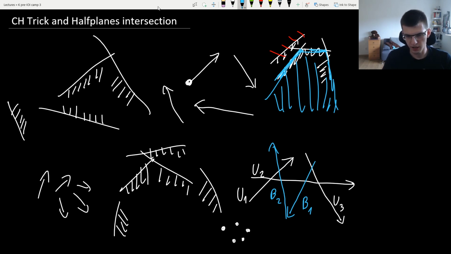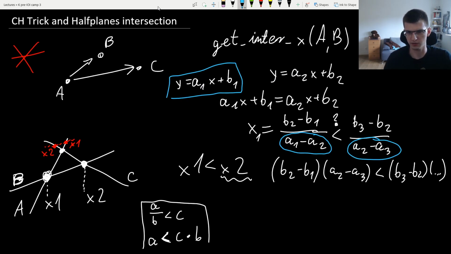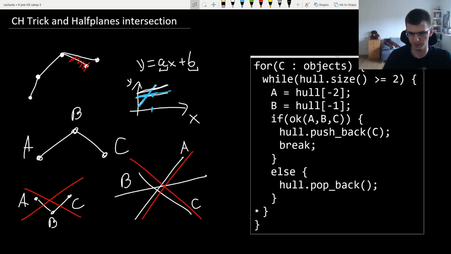Then maybe upper 3 will be removed by upper 2 and below 1 together. It's a similar thing with the convex hull, which is easier because nothing is removed. So it's harder for half-planes. This is one difference between the two. So we will modify the code a little bit for half-planes.